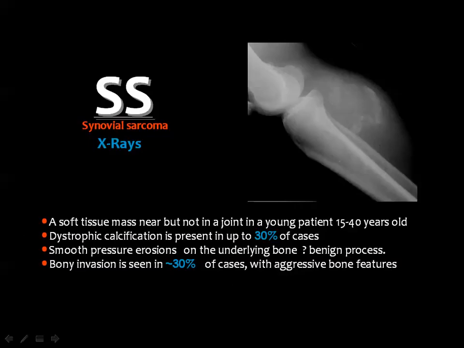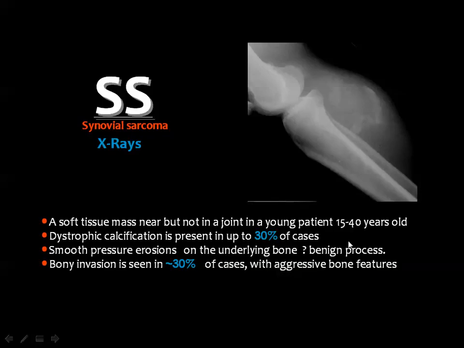And you see here in the X-ray, one of the prominent features of synovial sarcoma is the presence of calcium. Calcium is present in up to 30% of the cases. This is a famous location for the synovial sarcoma, and it may be associated with pressure erosion of the underlying bone.